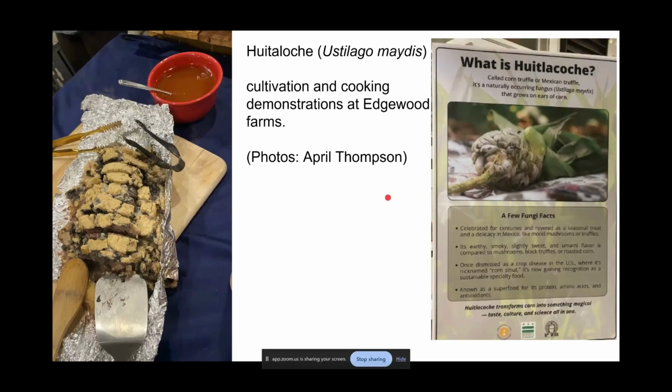Yeah, this was the culmination of a series of events, and this was actually more just a dinner, and they had already prepared this in advance. They had done inoculation workshops earlier in the year and gave people kits to go and do it on their own corn, and they did a cooking workshop, and this was just a fabulous dinner. That was actually a sort of Mexican take on beef Wellington.